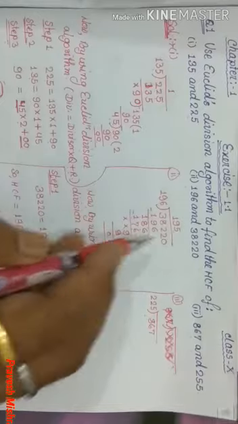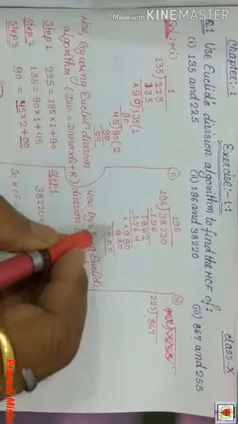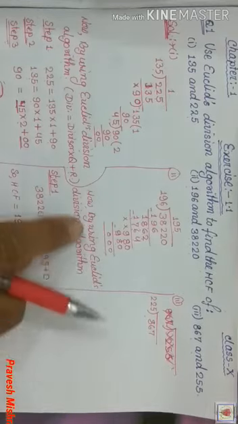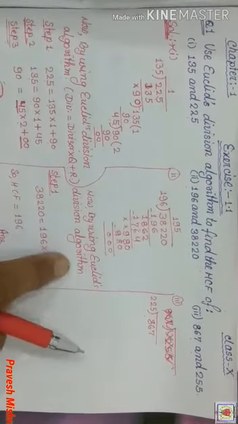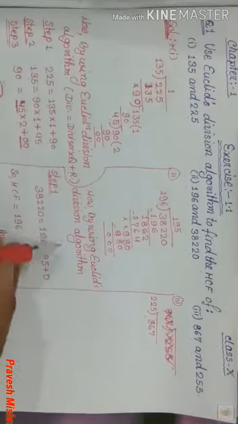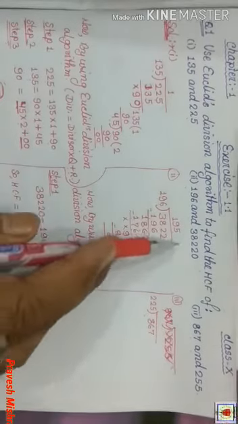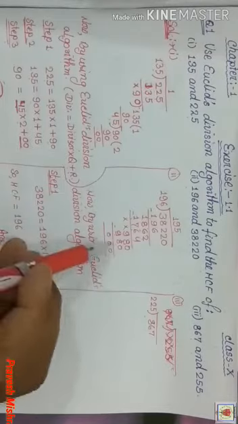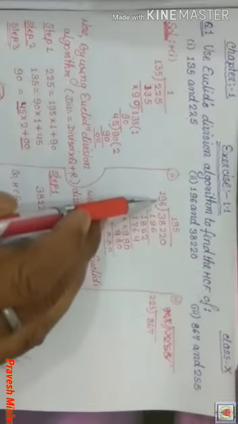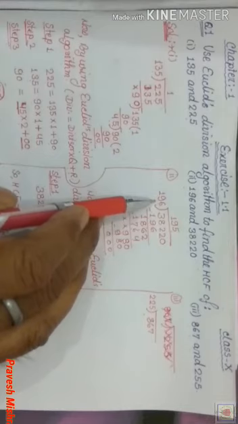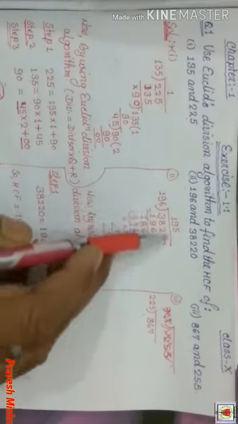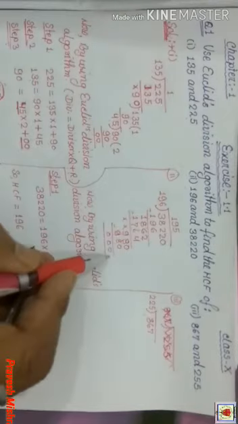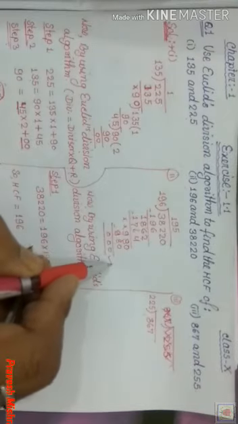196 fives are 980. After subtracting, you will get 0 as a remainder. So by using Euclid's division algorithm, here is only the first step: 196 is the divisor, this number is the dividend and this is your quotient, and finally your remainder is 0.